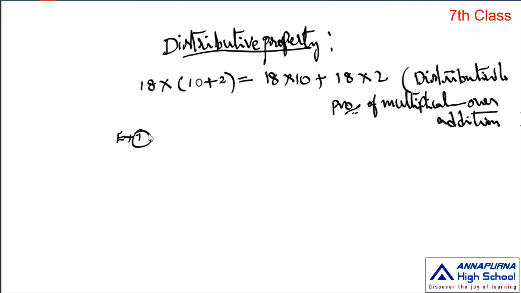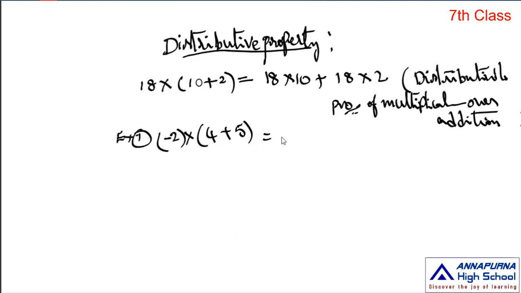Let me take the example minus 2 into (4 plus 5). Minus 2 into (4 plus 5) means how much? You know the addition, 4 plus 5 is 9, and 9 into minus 2.